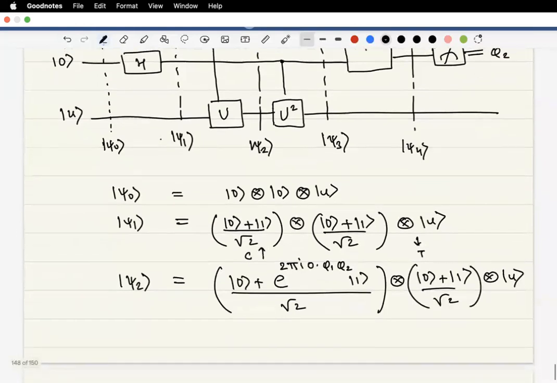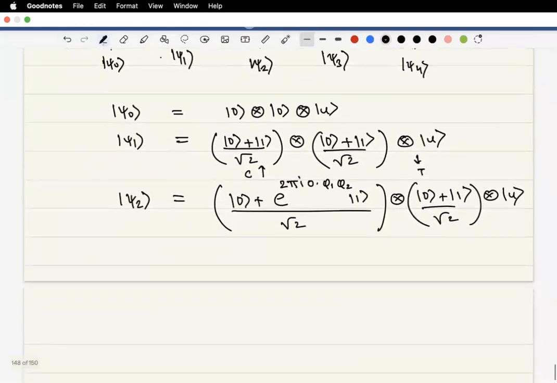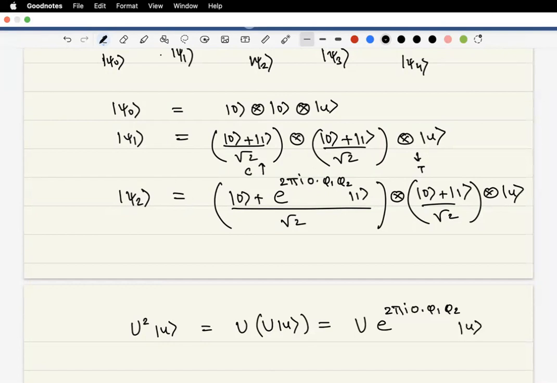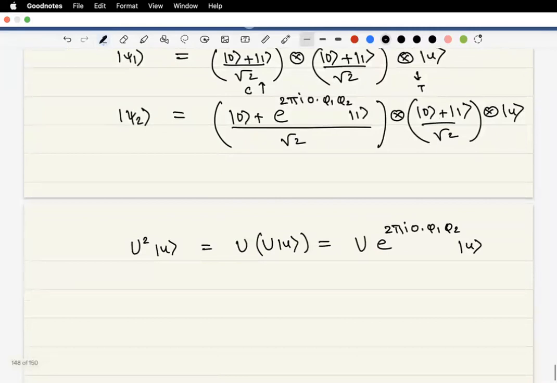Now, what happens when I apply the control u square gate? So what is u square applied to u? This will be u applied on u applied to u. This is equal to u applied to e to the 2 pi i 0.phi1phi2 u, and then there will be e to the 2 pi i 0.phi1phi2 squared u.